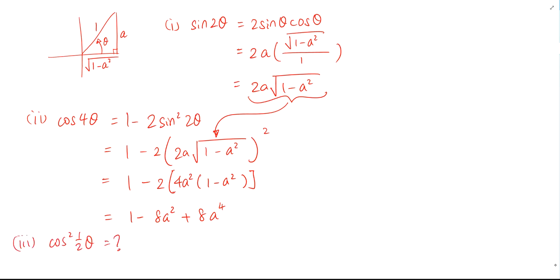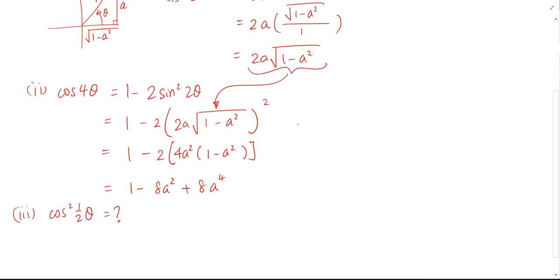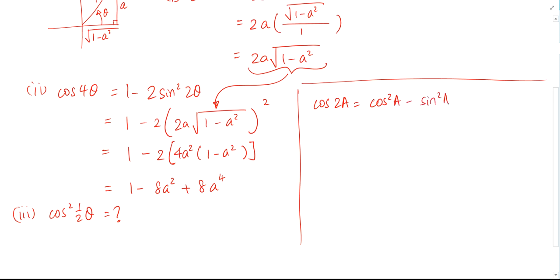And for the last part, cosine squared half theta. How are we going to obtain cosine squared half theta? We remember that for our double angle formula, we've got cosine 2A equal to cosine squared A minus sine squared A. We also have 2 cosine squared A minus 1, as well as 1 minus 2 sine squared A. A is simply a constant.